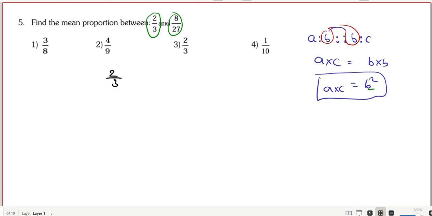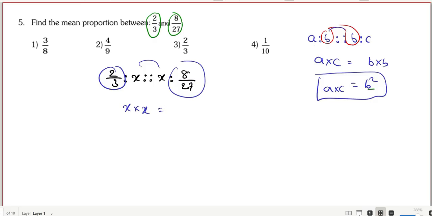It means 2 by 3 is to x as x is to 8 by 27. Again using product of extremes is equal to product of means, x into x is equal to 2 by 3 into 8 by 27. So x square is 2 eights are 16 by 3 into 27, that is 81.